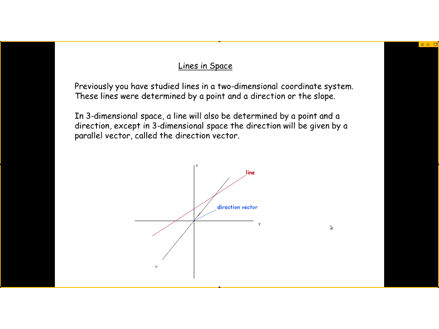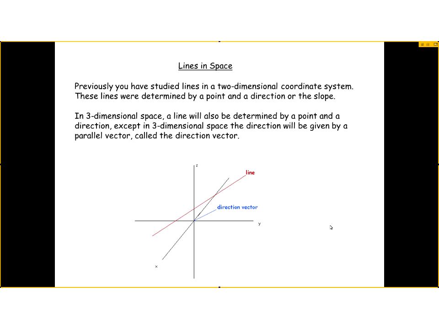Now lines in space. As usual, previously we studied the two-dimensional coordinate system, where lines were determined by a point and a direction, the slope. In three-dimensional space, a line will also be determined by a point and a direction.